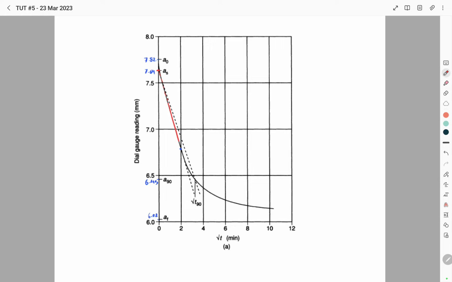So in order to do that, we have to draw a straight line from AS, and the slope of this line should be 1.15 times the slope of this line. So I'm going to extend this first line first.